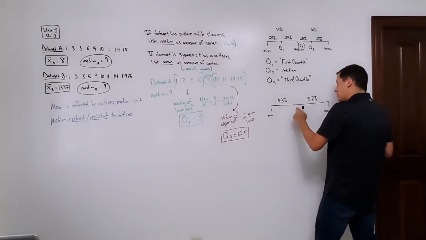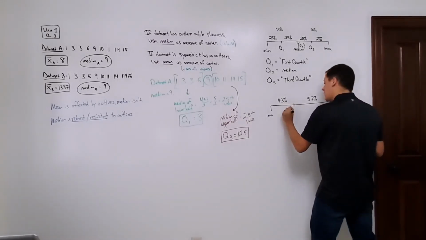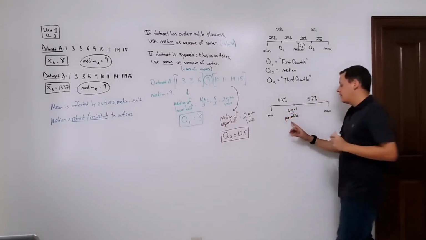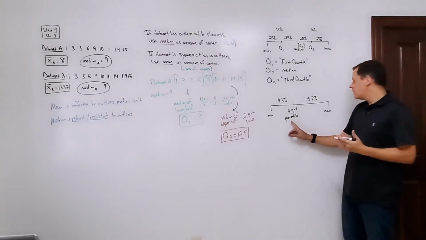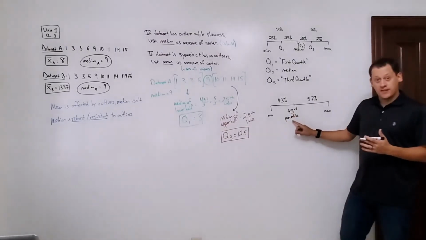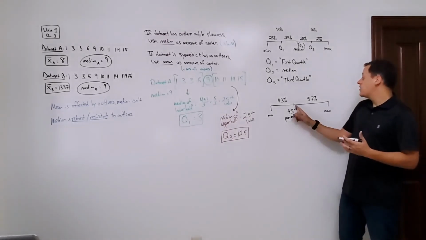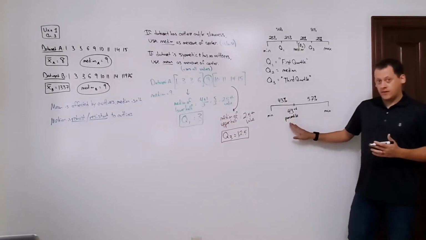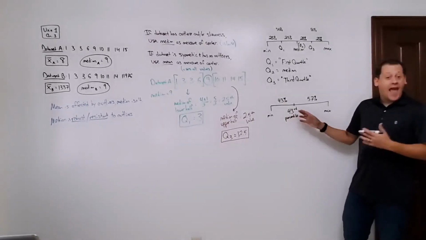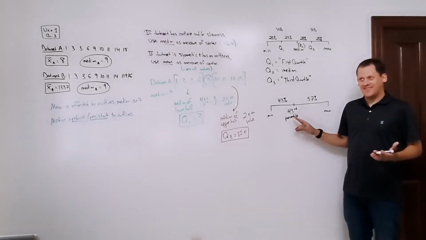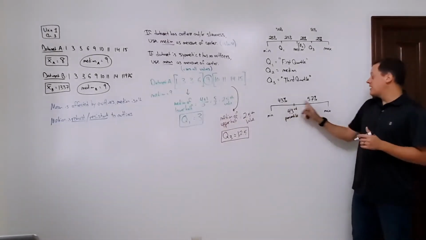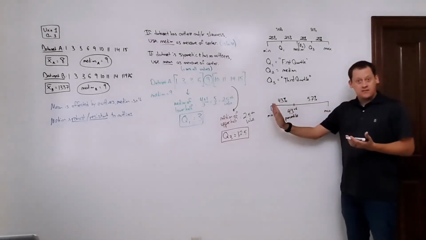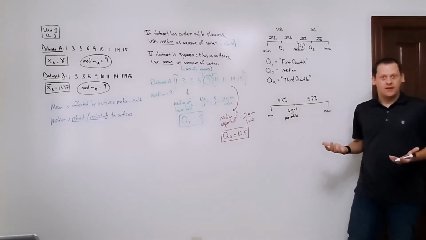We would call this number in particular, since this is 43, a percentile. So specifically, the 43rd percentile is the value of a data set at which 43% of the data is less than it. So you can take any percentile of a data set to split it into whatever distribution you want. If you want 95% of the data to be less than a value, that's the 95th percentile.